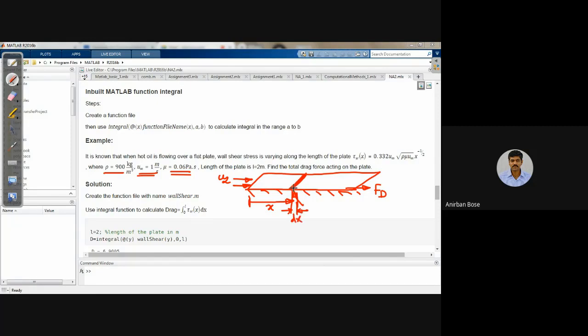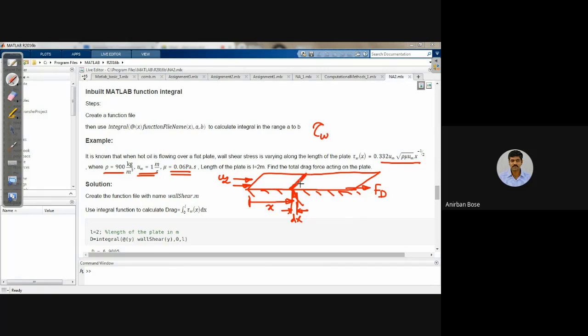If the wall shear stress is the same, you know that stress into area is basically the force. So wall shear stress multiplied by that small area.